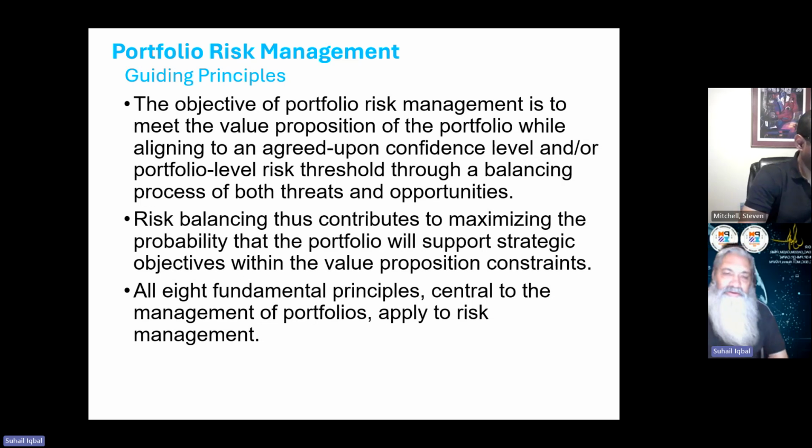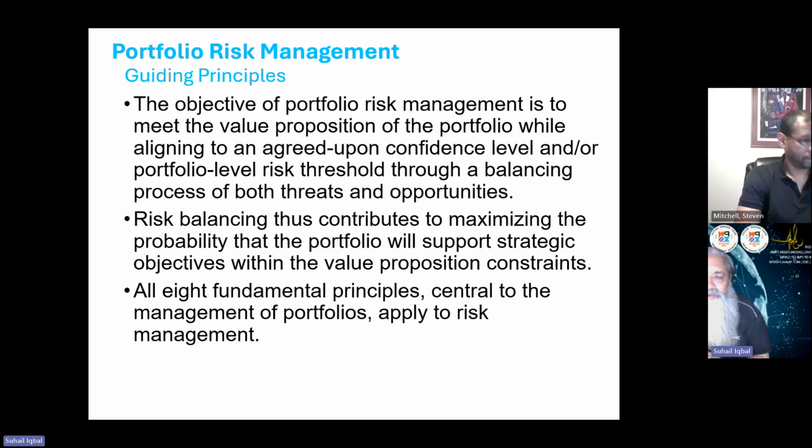So, while you are dealing with risk management, you are keeping the value proposition at the back of your mind. Whatever the constraints caused by the value proposition, you will look at those to address your risk balancing act. You want to maximize the probability of that portfolio which supports maximum value proposition.